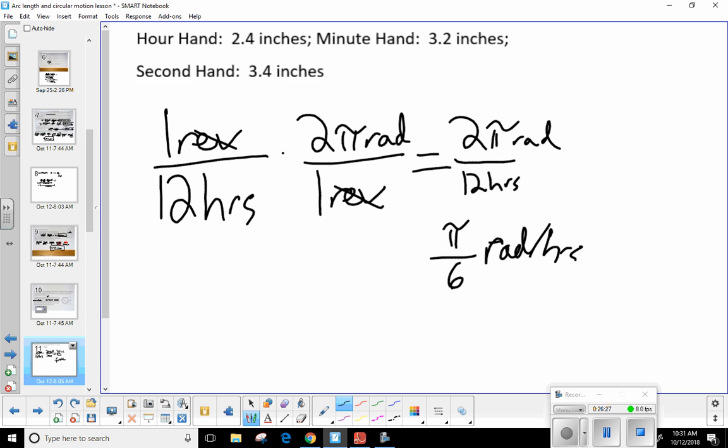That's exactly right. Pi over 6 radians per hour. Okay. So only 30 degrees an hour. Yes. Okay. All right, we still need the linear.